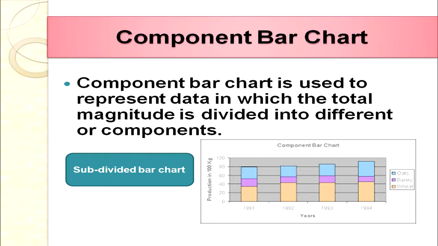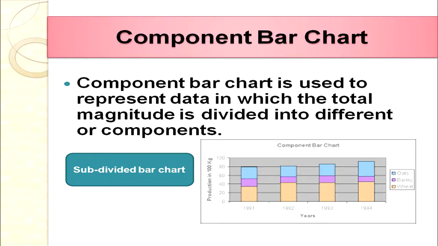Now if two sets of information or more than two sets of information are given to me, as a student, how will I identify whether I have to draw a multiple bar diagram or a component bar diagram? For this, students, we need to see that the total is given. If the total is given in the question, then we have to draw component bar chart. Whereas, if no total, as you can see in the previous example, where export and import is given to us, then in that case multiple bar diagram will be done.